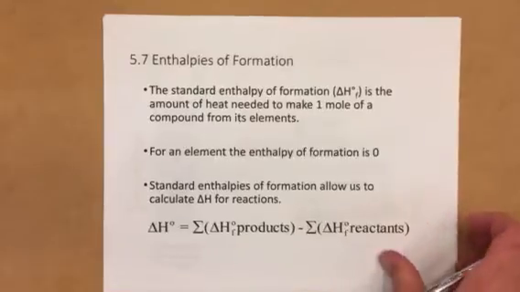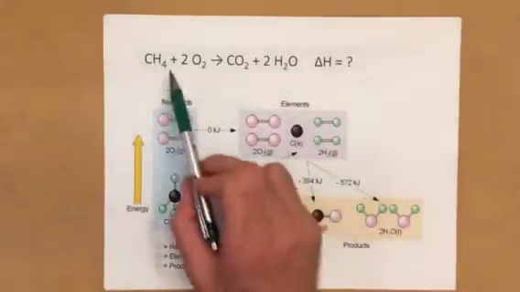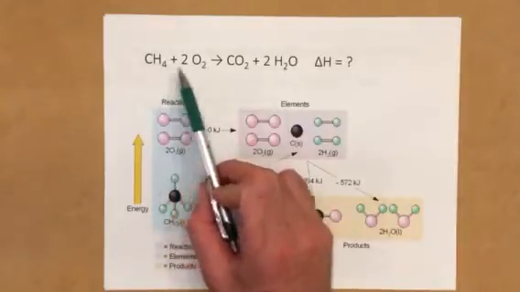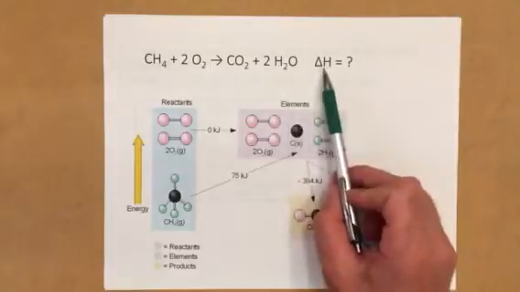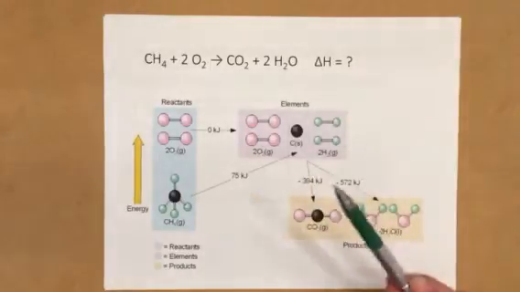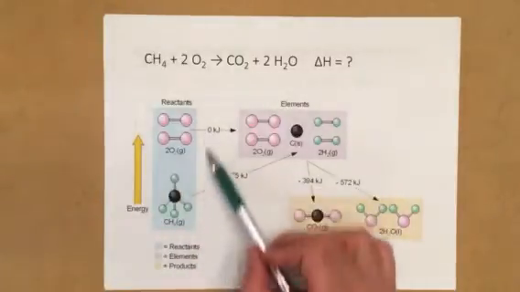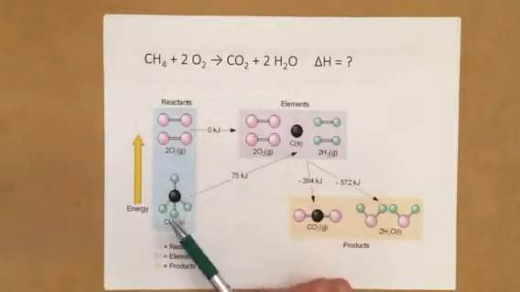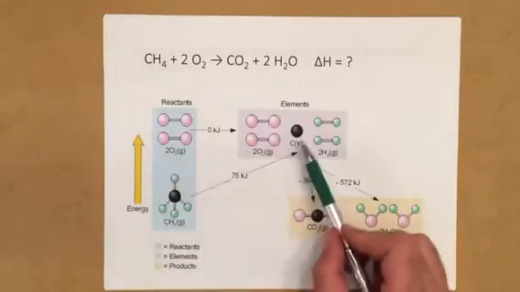So here's an example. If you had this reaction right here with methane and oxygen burning to make carbon dioxide and water, and you wanted to find the enthalpy change for that reaction, we can imagine that reaction happening in a couple steps. You could have your reactants, the oxygen and the methane, and you can imagine the methane being broken apart into its elements.